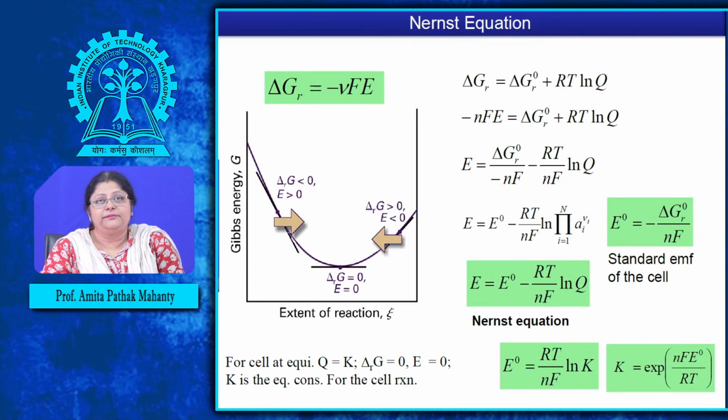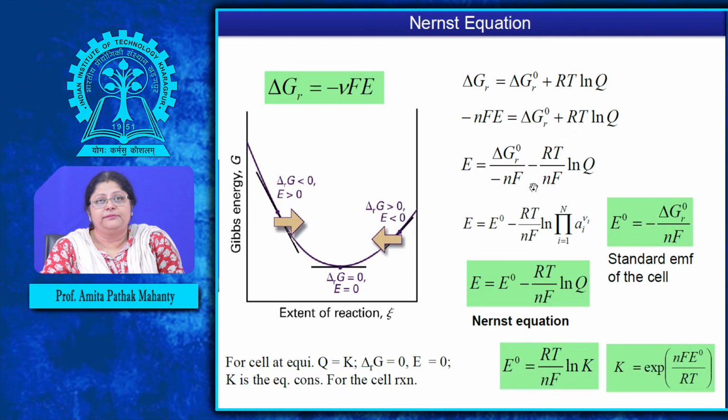That work is equated to the delta G, which we have taken as non-expansive reversible work. I replace that here. Then what do I see? If I divide throughout by nu F, what do I see?